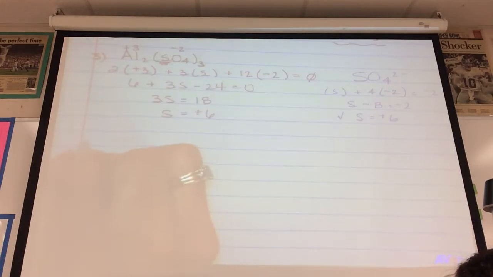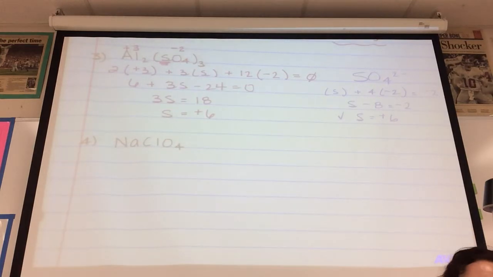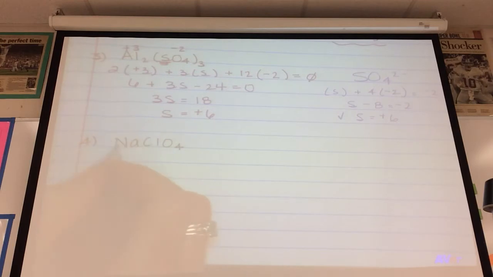Number 4 says sodium perchlorate. What's the oxidation number for sodium in a sodium-containing compound? +1, because it's in group 1.